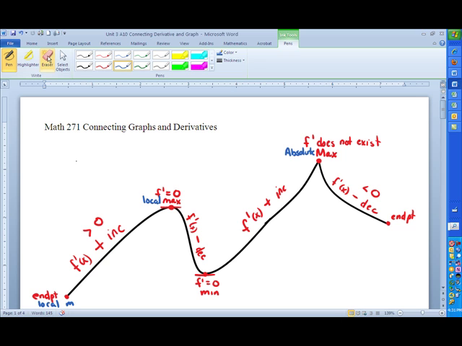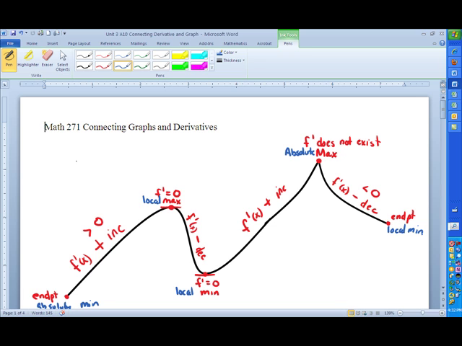This endpoint would be an absolute min because it is the lowest point on our entire graph. But this minimum here would be a local, and this endpoint would be a local min. So absolute means it's the highest for the entire function, and local means it's in that area.